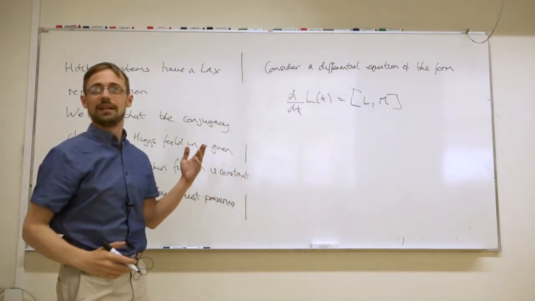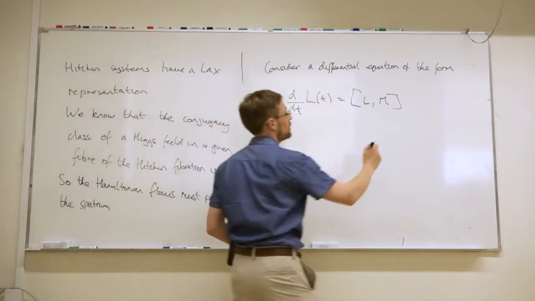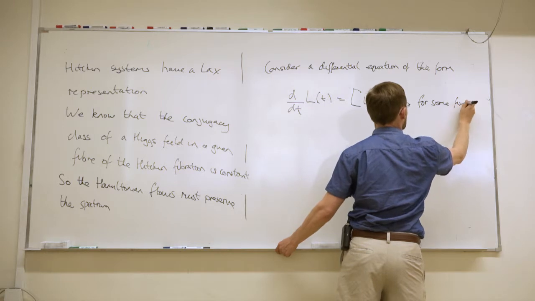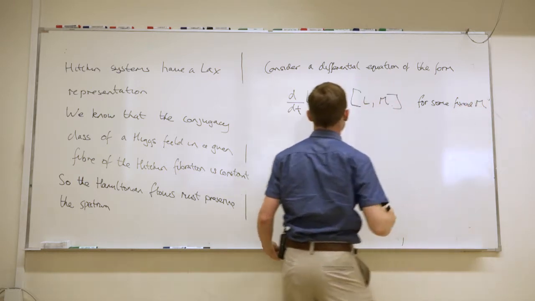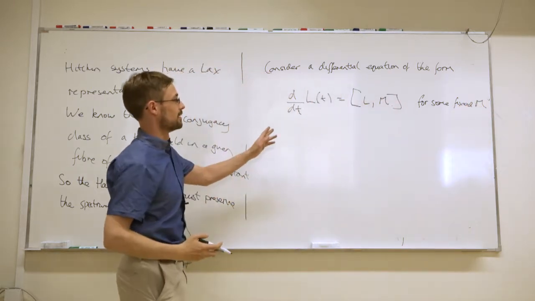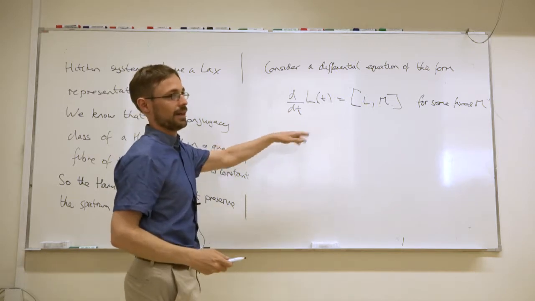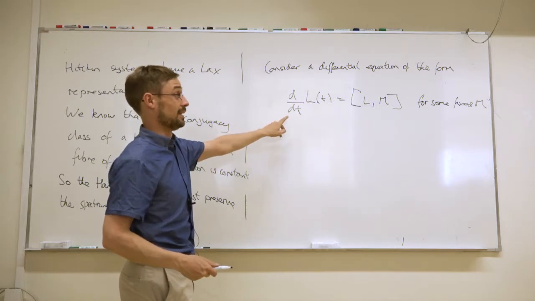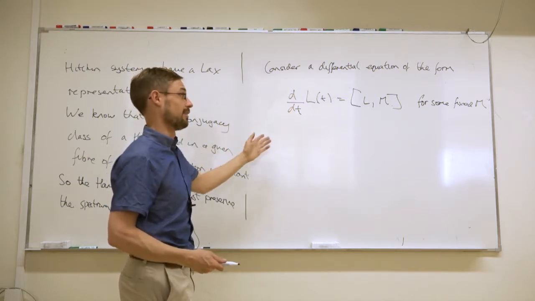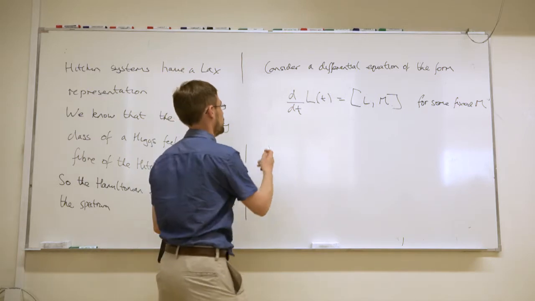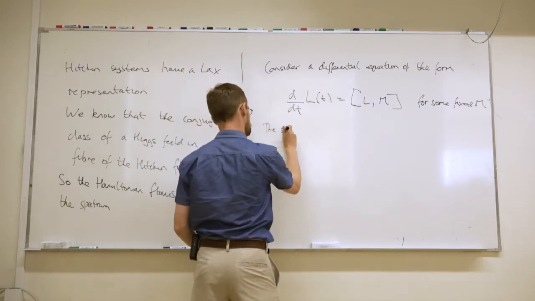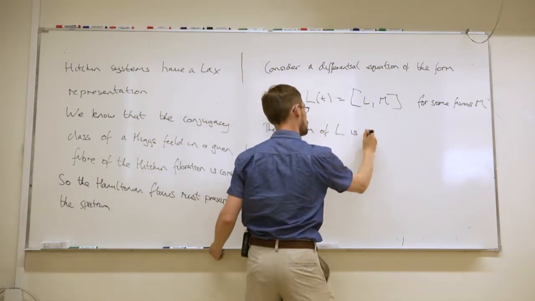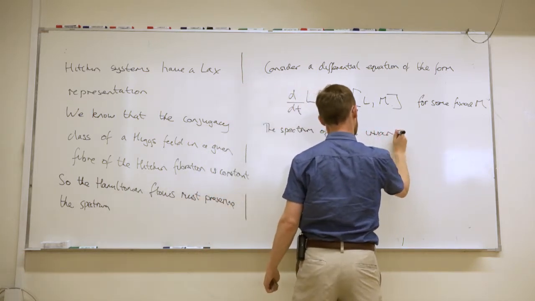If I consider a variation of it such that the derivative is given by commutating with some fixed matrix, then the spectrum of this does not change. It is invariant.